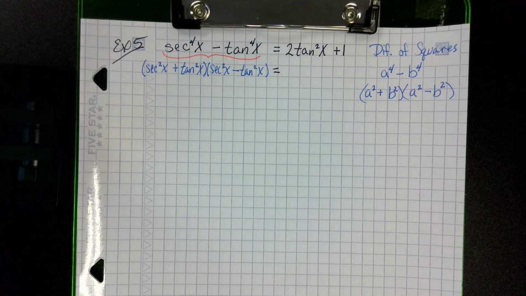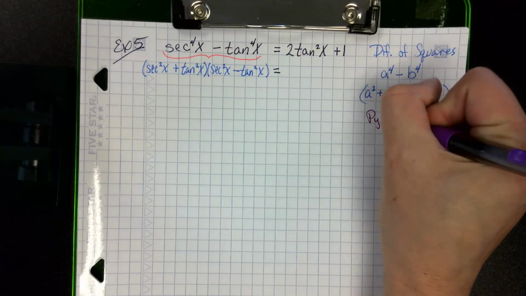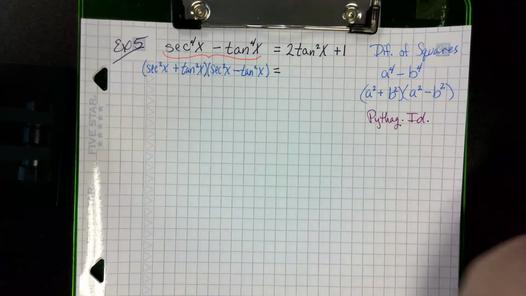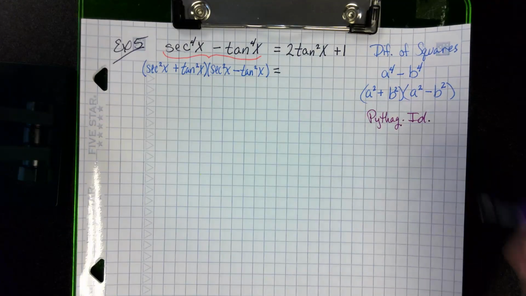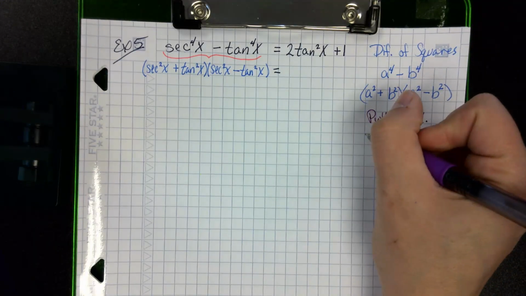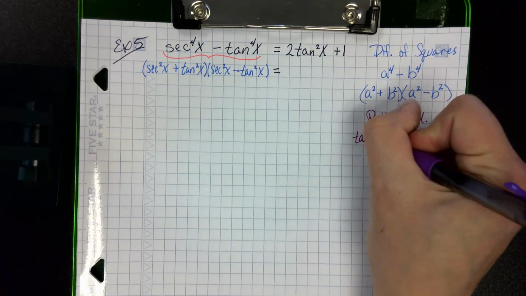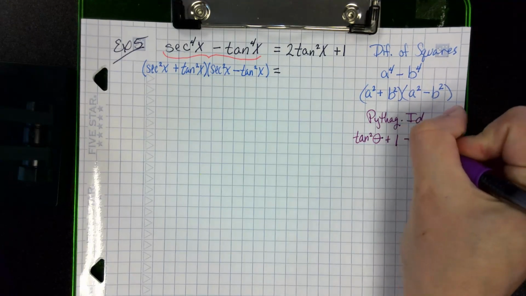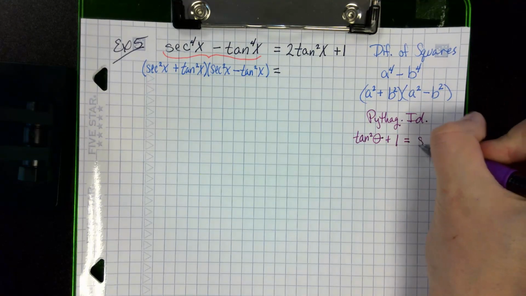So I'm going to look at my formula sheet and find the Pythagorean identity that matches secants and tangents. And it is tangent squared theta plus 1 equals secant squared theta.